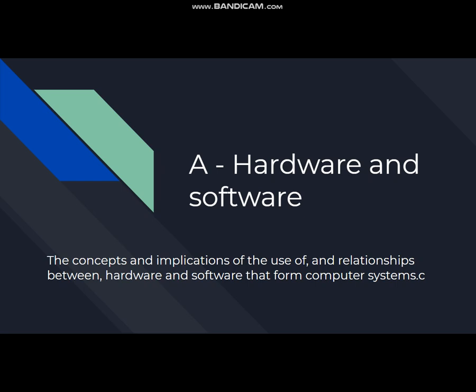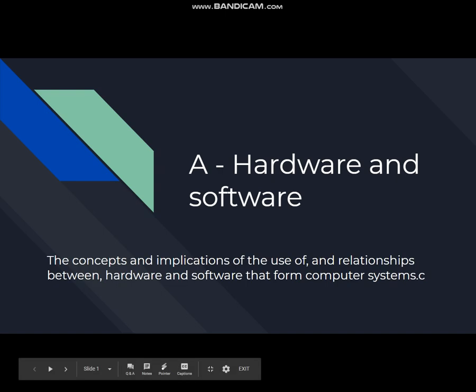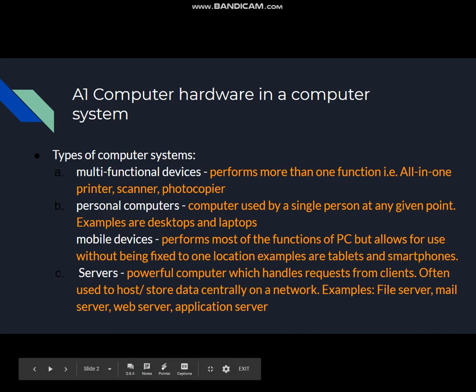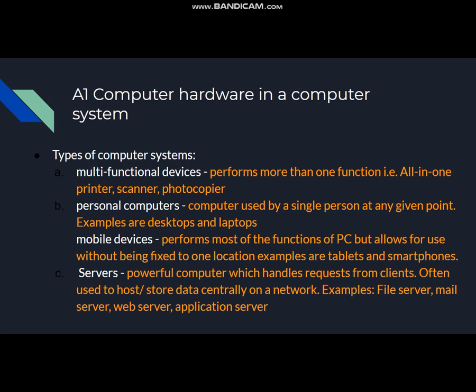So in this section we're going to be looking at some specific computer systems that are in your specification. The first one is a multifunctional device. Now a multifunctional device could be one that embeds multiple functions of different devices into one. For example, we have an all-in-one printer that gives us a scanner, a photocopier, and maybe a fax.